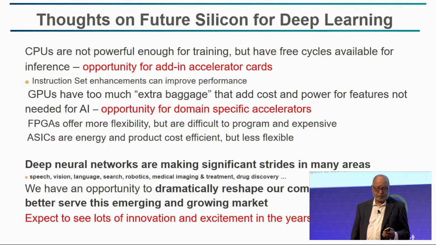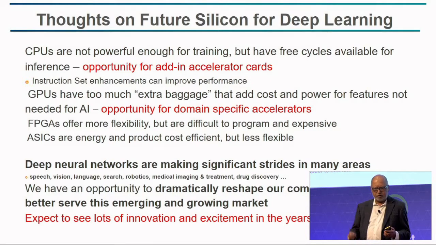GPUs, in my opinion, have too much extra baggage, and that creates an opportunity for domain-specific accelerators. FPGAs will find a place because they're much more flexible, and they have a faster time to market as long as you know how to program them. So deep neural networks are really moving into many areas, drug discovery, medical imaging, beyond saying, this is a picture of a cat, which is how most of this stuff started.